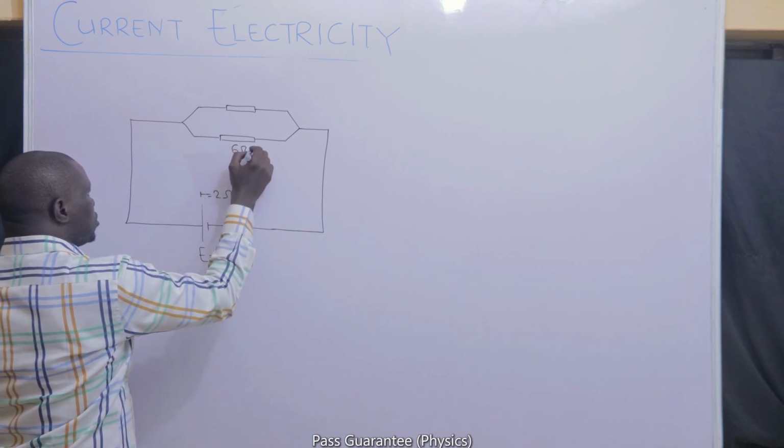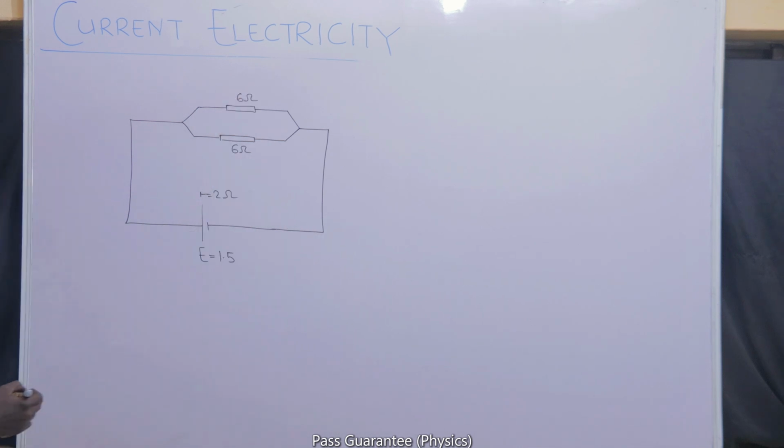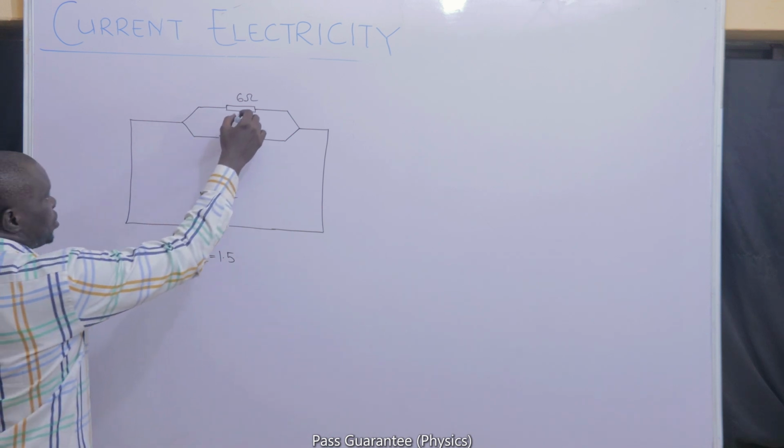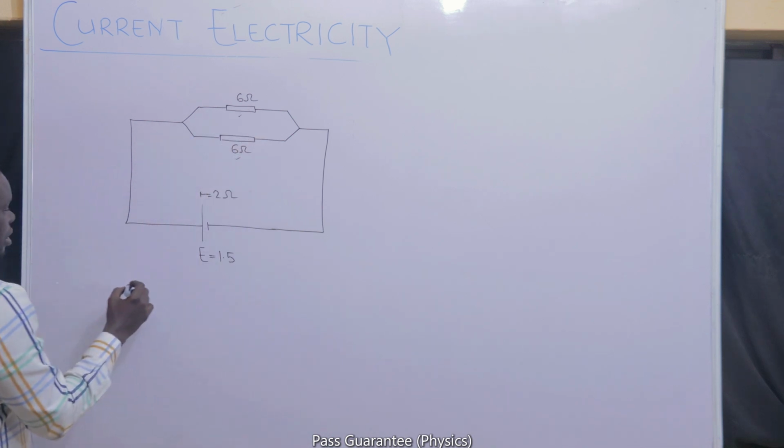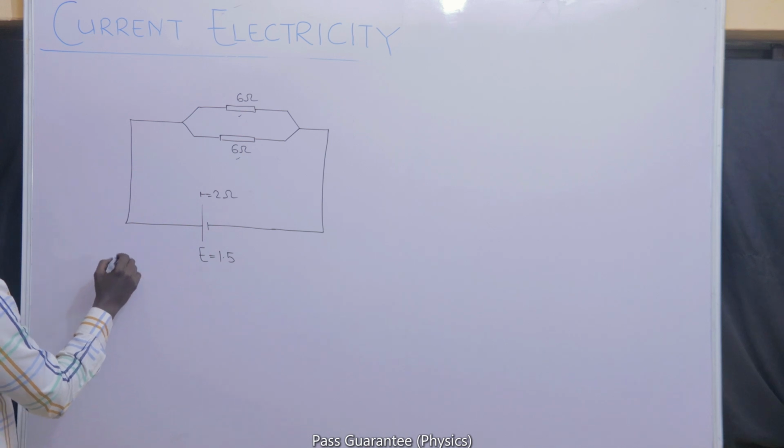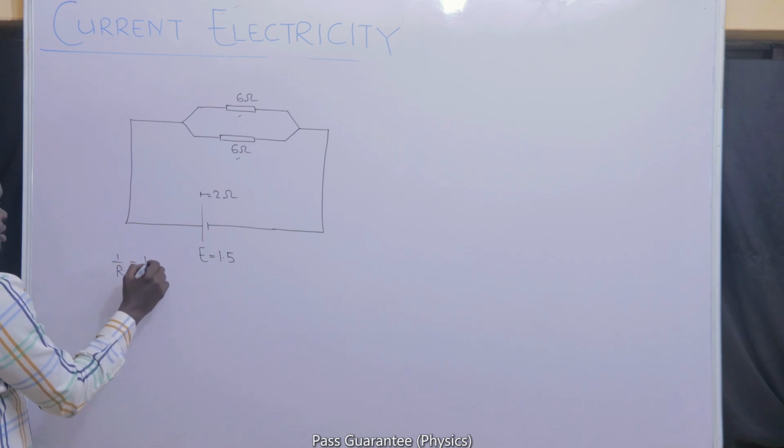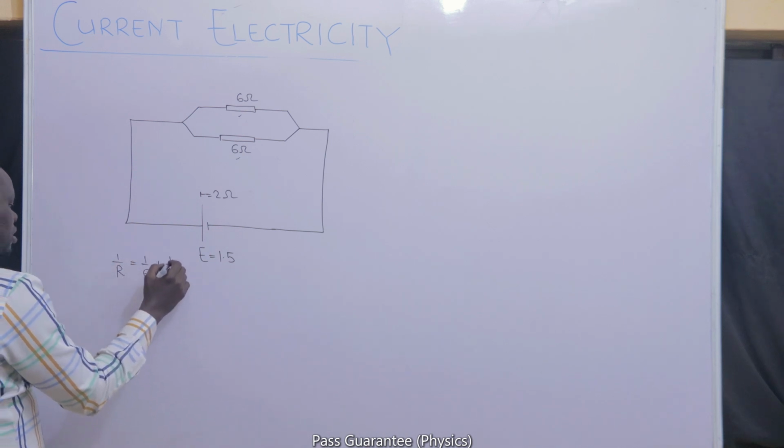6 ohms, 6 ohms. If that is the case, we are told that we should calculate the combined resistance of the two 6 ohm resistors in parallel. The combined resistance: 1 over R will be 1 over 6 plus 1 over 6.